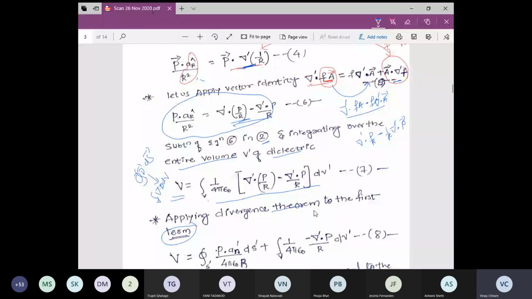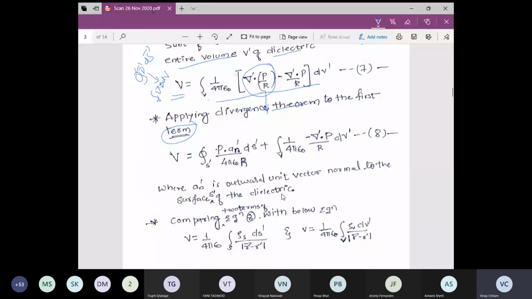So here I have del dot (p by r), which I can write as a surface integral of p by r dot ds, where ds is written as a_n hat ds divided by 4 pi epsilon r. That's a surface integral, and this term we have kept as it is, a volume integral of this term.